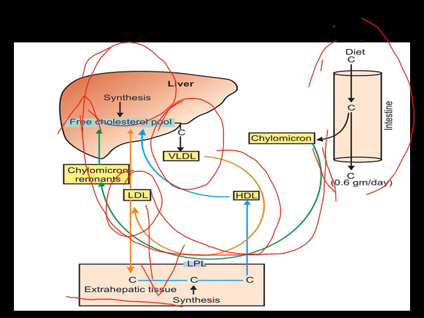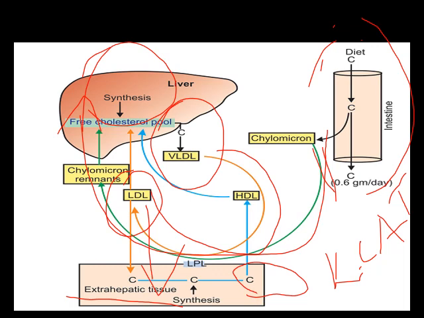And next is regarding the HDL. The HDL picks up cholesterol from the peripheral tissues and from the other lipoproteins, and converts it into cholesterol esters by a specific enzyme, LCAT, that is lecithin cholesterol acyl transferase.